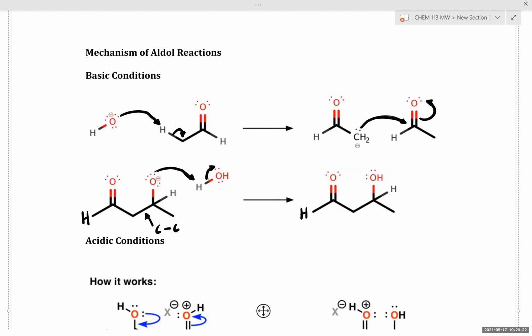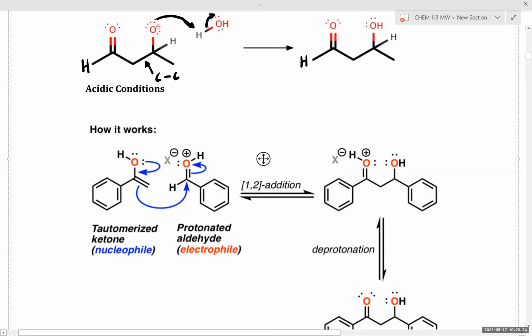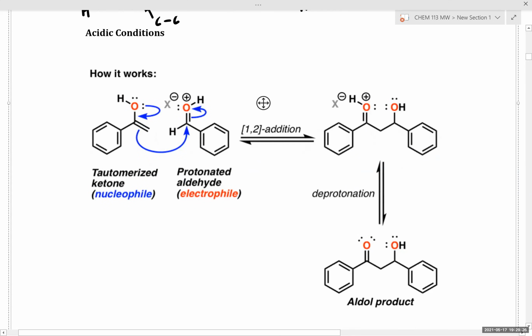Okay, let's talk about the aldol reaction under acidic conditions. In this case, rather than going through an enolate, we go through the corresponding enol tautomer. This enol tautomer is nucleophilic and it can attack activated electrophiles such as this protonated aldehyde.